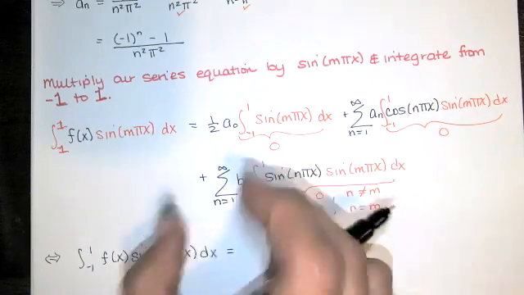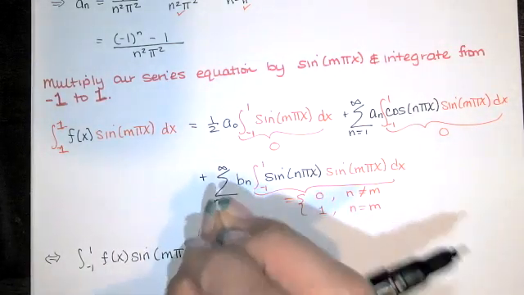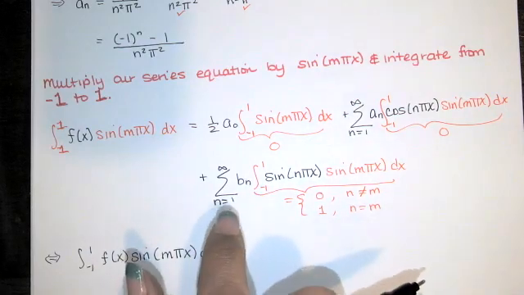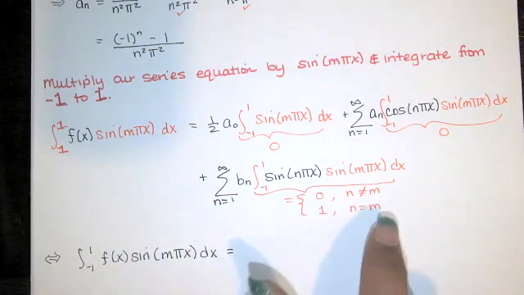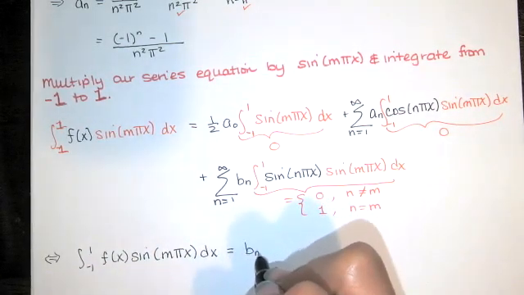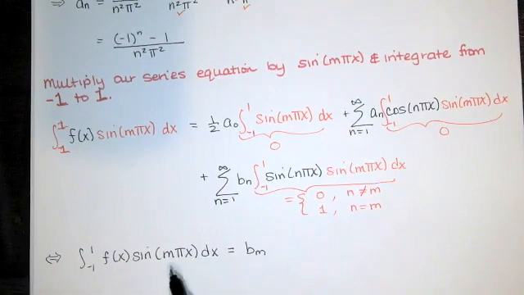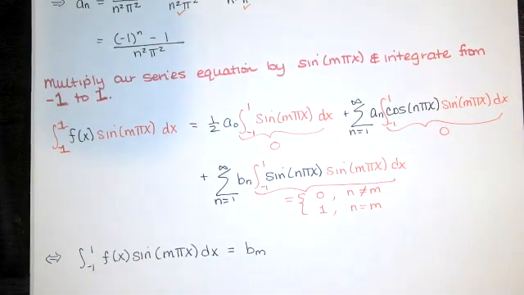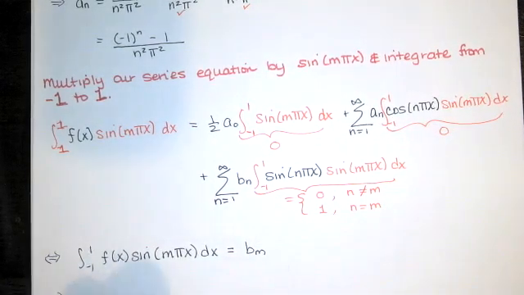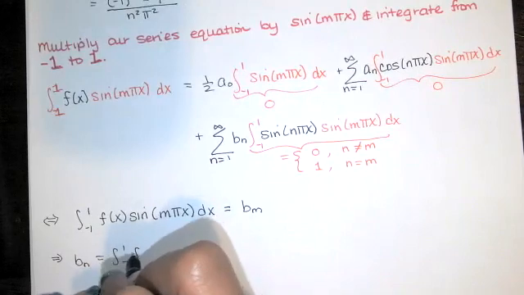So we're taking 1 and we're multiplying by b sub n when n is equal to m. So for that particular case, m, we're multiplying by 1. The rest of the time we're multiplying by 0. So we just get the 1 b sub m. Now this m now, if I'm looking at this equation, is just a dummy variable. So I can change out the n or the m for an n and say that's my b sub n. I just want to solve for it.